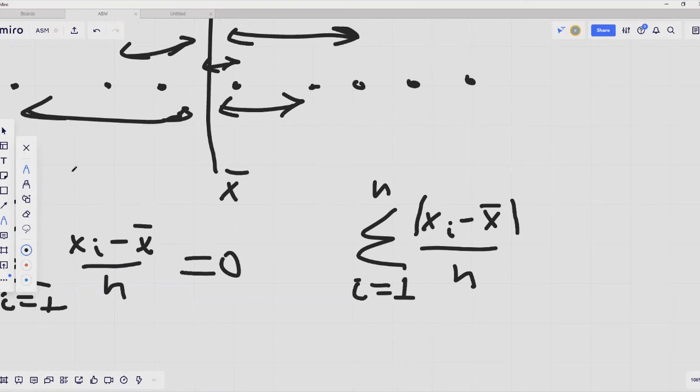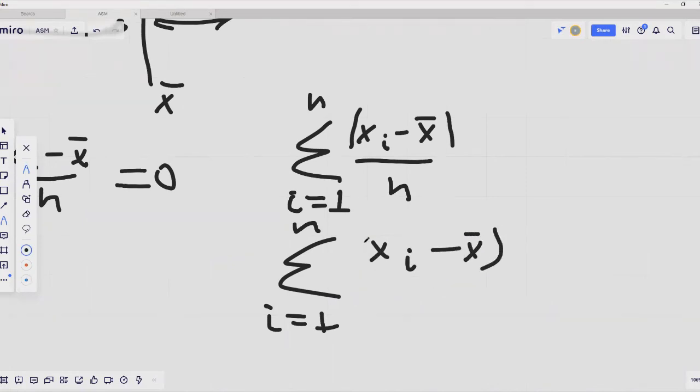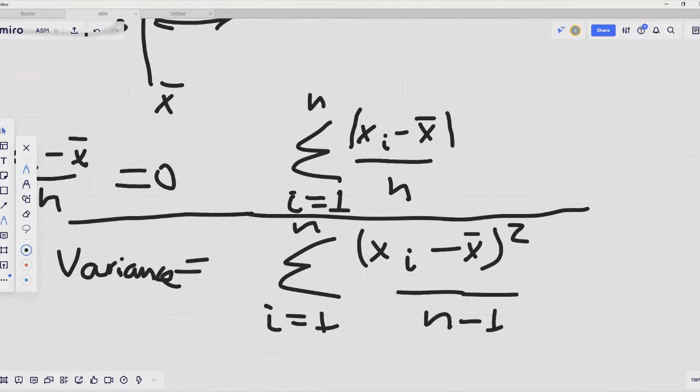To deal with the differentiability problem, we can calculate the sum of squared deviations from the mean. And this does work, and it is known to be the best approach. This formula over here with n minus 1 in the denominator is known as variance. The reason why we have n minus 1 in the denominator will be clarified later on in this course.